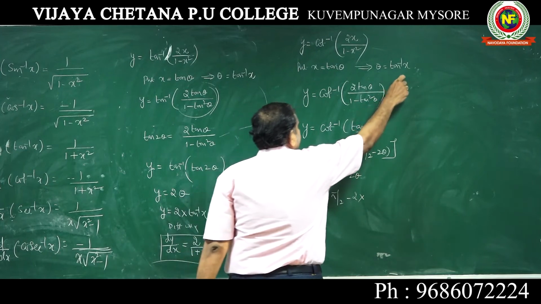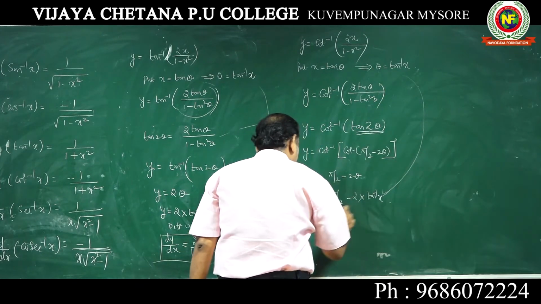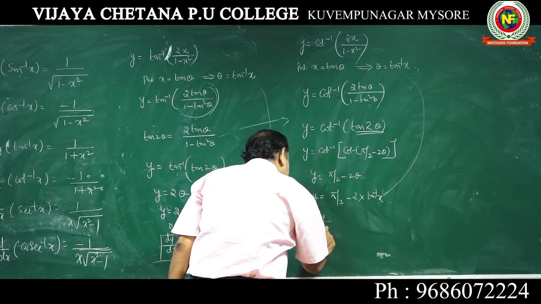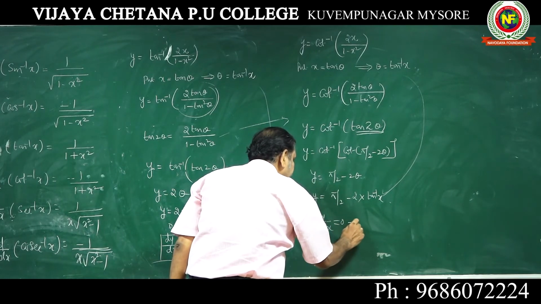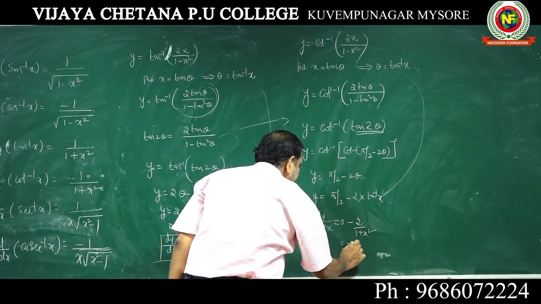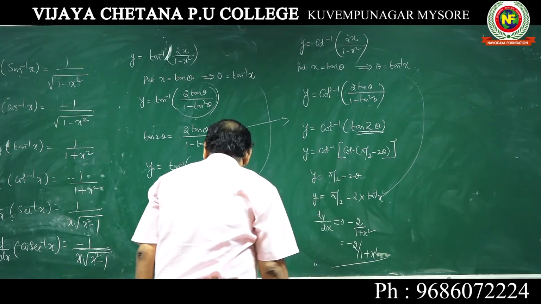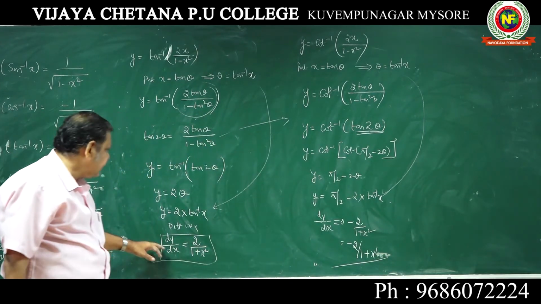Theta is nothing but tan inverse x, so when you differentiate, dy by dx equals 0 minus 2 by 1 plus x square. Our answer is minus 2 by 1 plus x square. Very important thing, please see the difference between this and this.